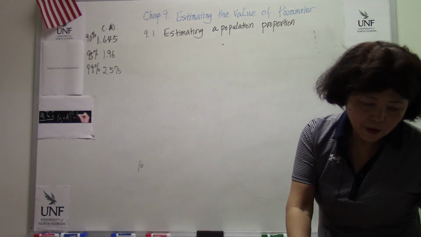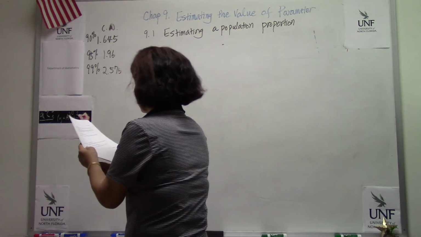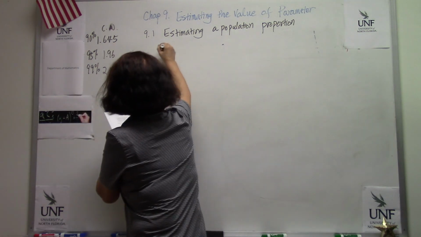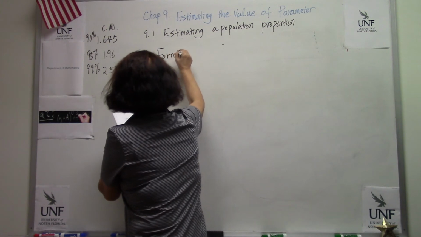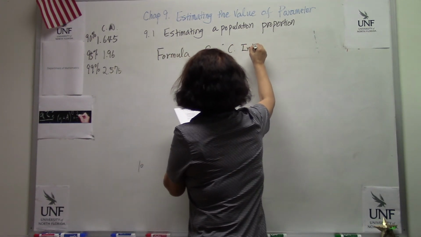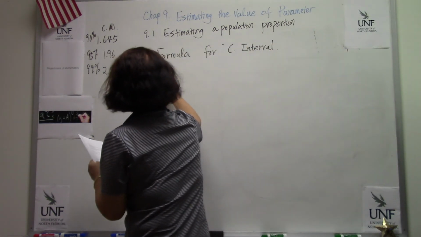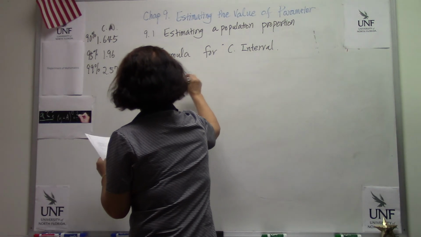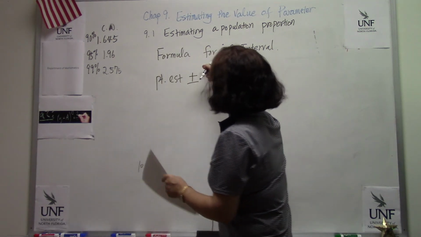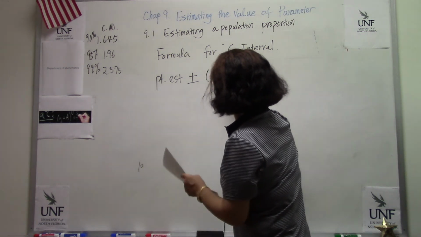What we are going to do over here is the general formula for confidence interval. Yes, the formula for confidence interval. That is a point estimate plus or minus critical value. We just talked about it, okay?